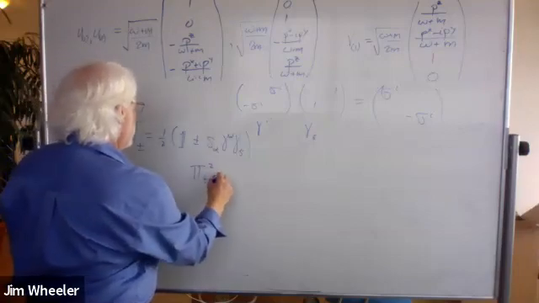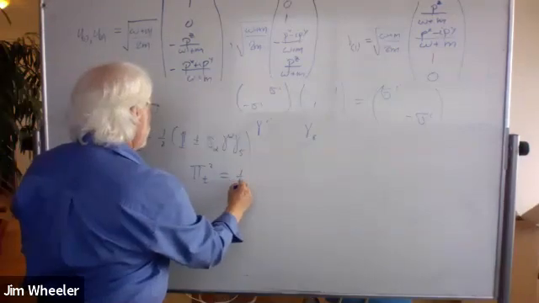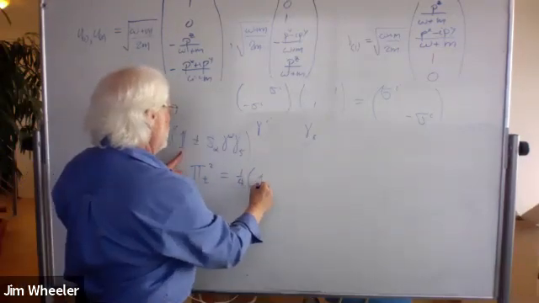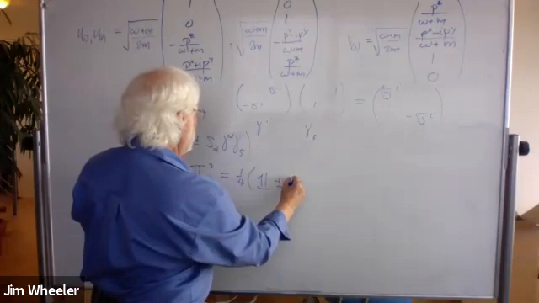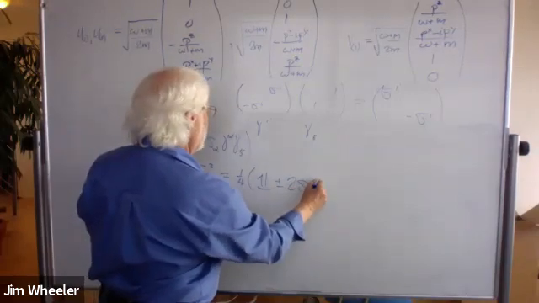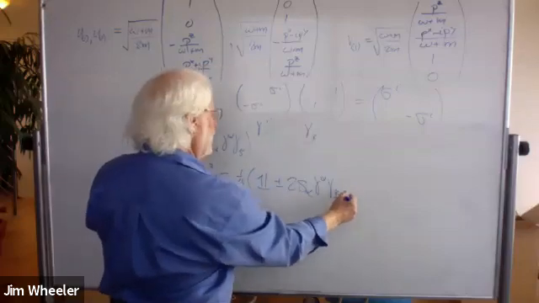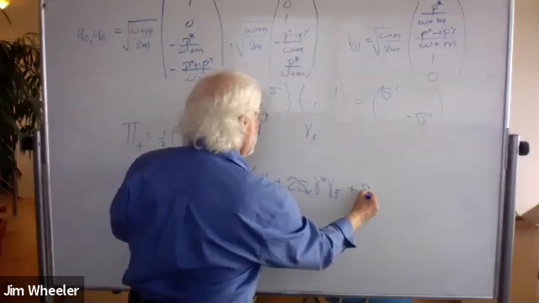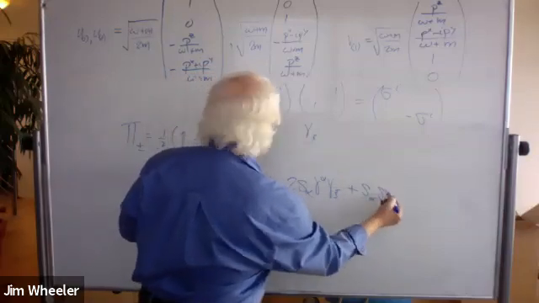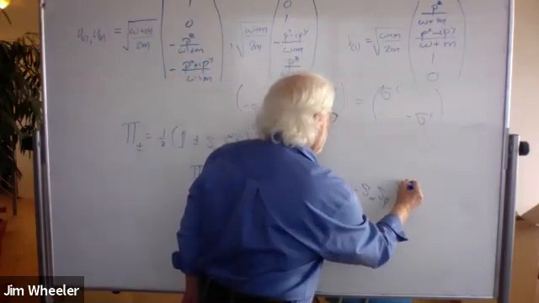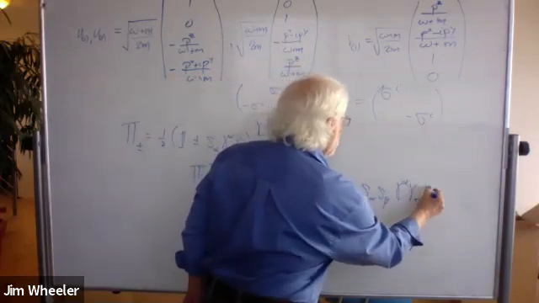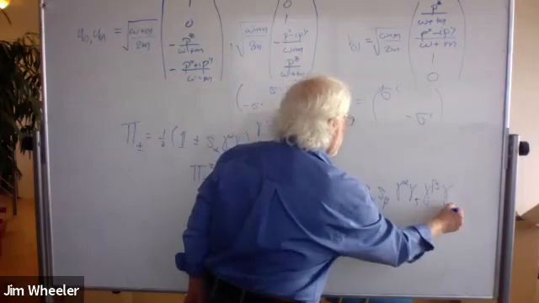Plus or minus squared. We're going to have a quarter. We're going to have a 1. Plus or minus 2 of these guys, S alpha, gamma 5. And then we're going to have the sign squares away. We're going to have plus S alpha, S beta, gamma alpha, gamma 5, gamma beta, gamma 5.